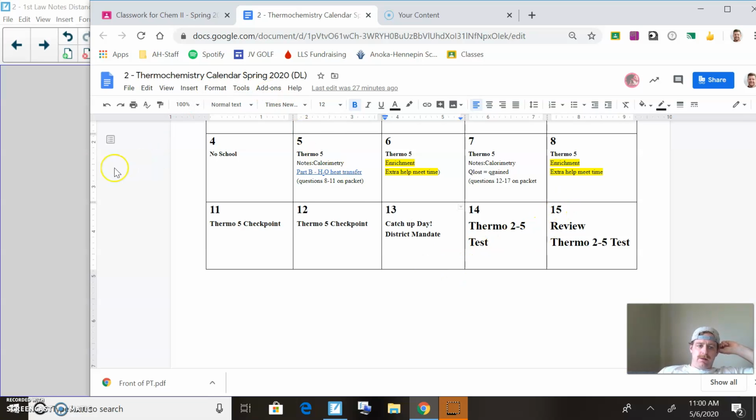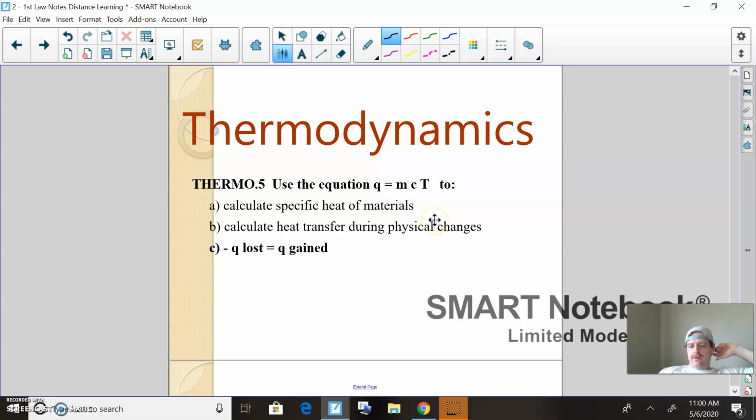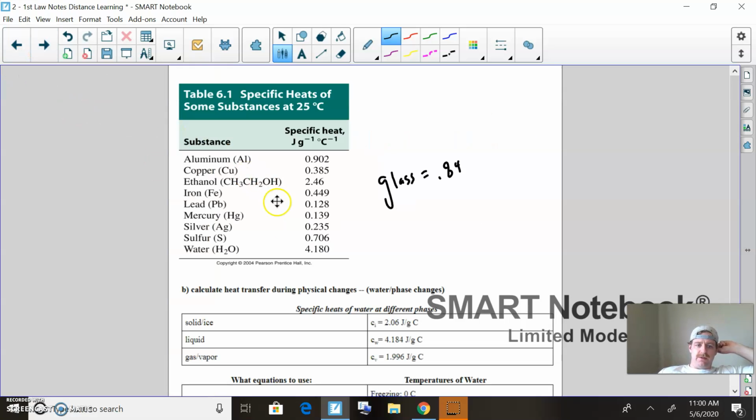So into the last lesson. Nothing crazy new. We're just combining our last Q lost, Q gained. We're going to combine parts A and B to help us get there. Now you're going to need information from part A, which is basically the specific heats, and I added that in there because you need it for one of your problems.